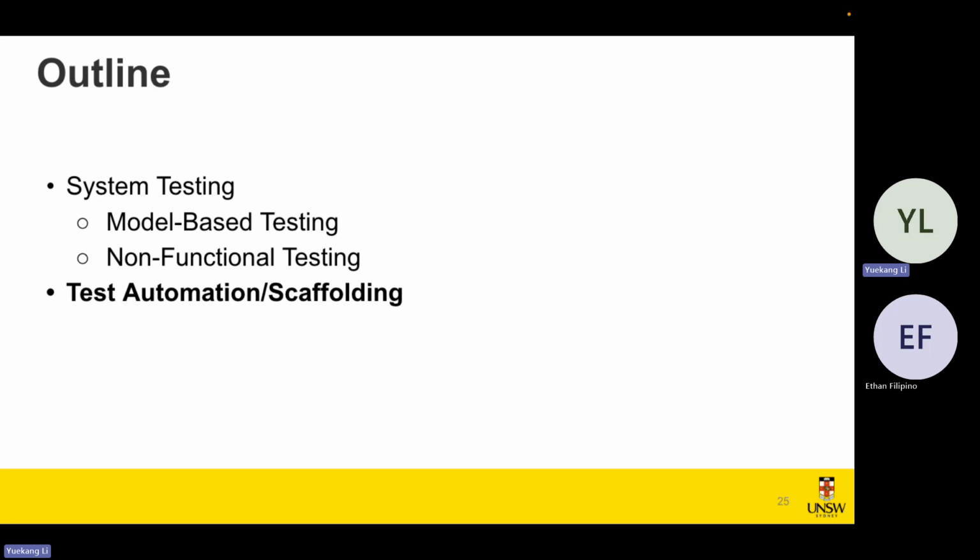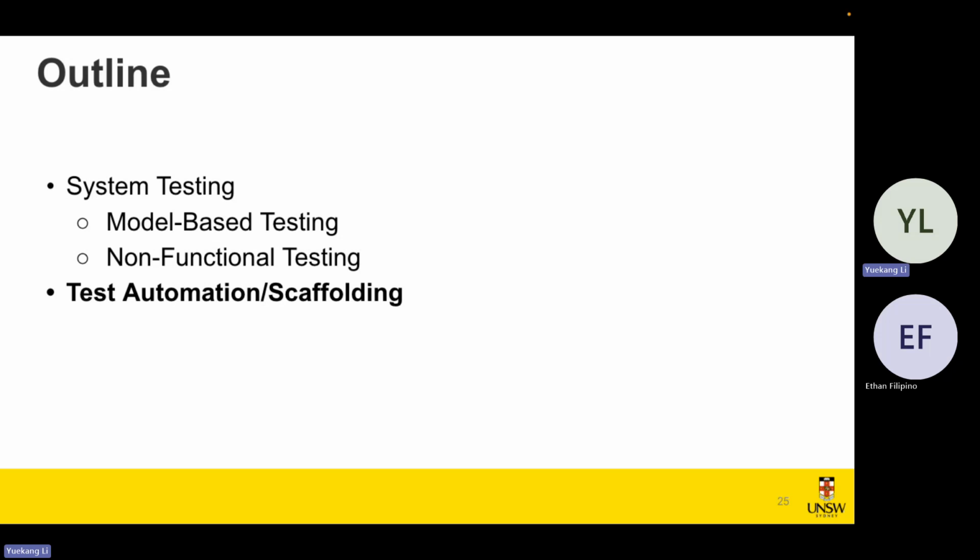And now we learn a big family of functional testing, which is known as model-based testing. For model-based testing, the purpose is to use some models to describe the system's behaviors so that we can apply different analysis techniques to that model and derive test cases.